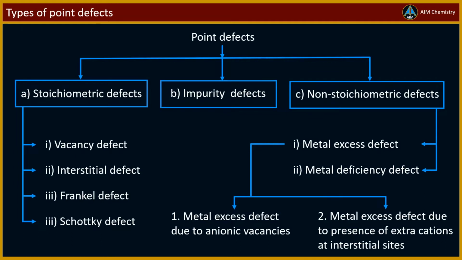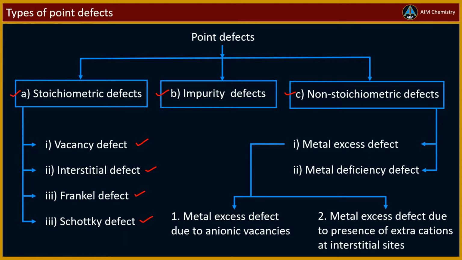Point defects are of three types: stoichiometric defects, impurity defects, and non-stoichiometric defects. Stoichiometric defects are further divided into four types, that is, vacancy defect, interstitial defect, Frenkel defect, and Schottky defect.